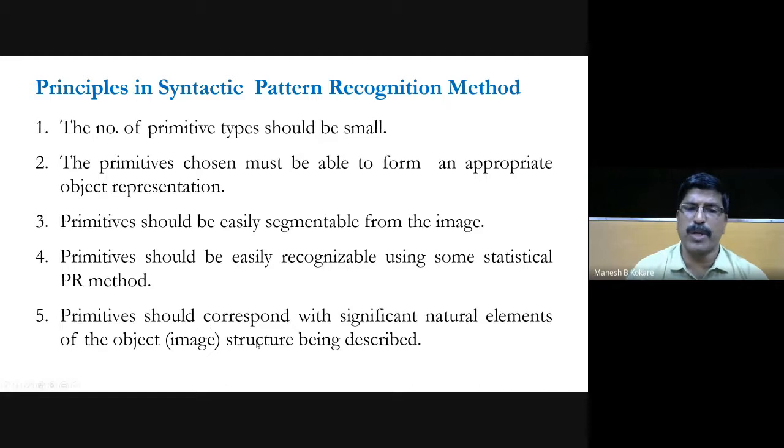So primitives should correspond with the significant natural elements of the object or image, and the structure is described with the help of them. These are the 5 principles used for selecting the primitives in syntactic or structural object recognition. I hope this is clear to you.